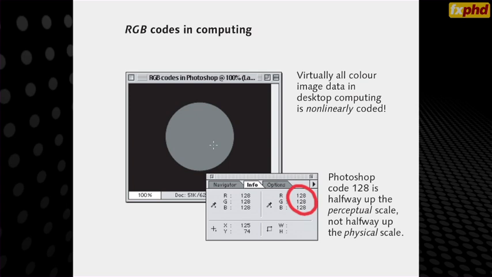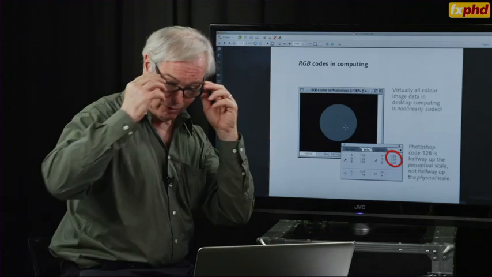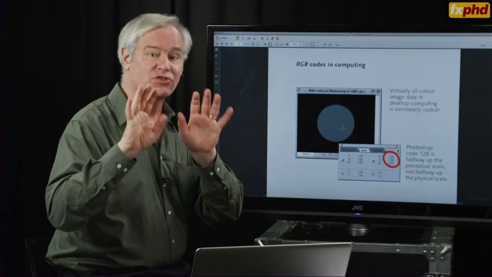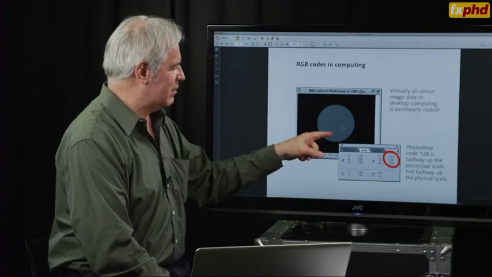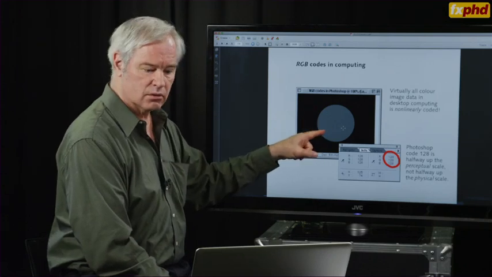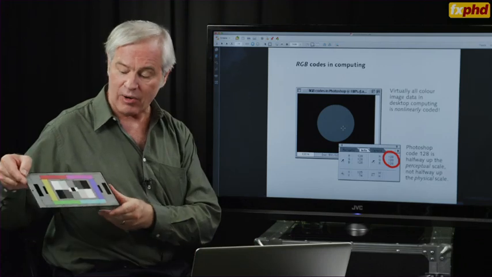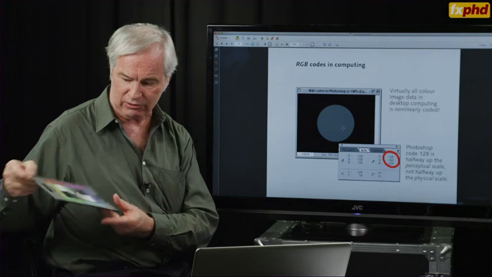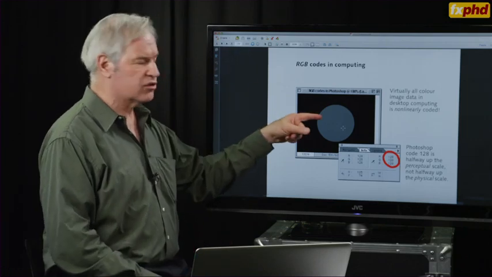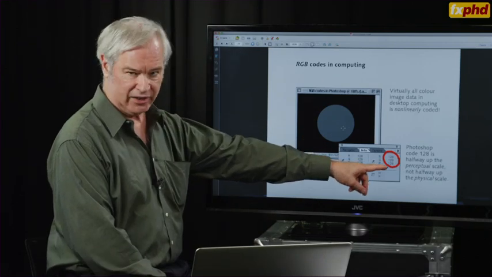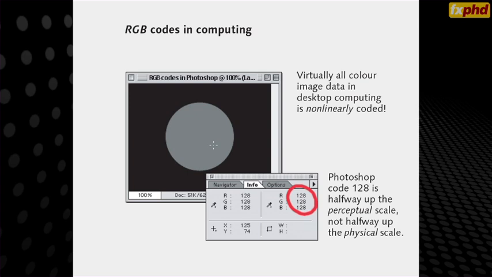I've constructed this example, and I constructed it a long time ago with Photoshop version 5. The window borders and the decorations have changed, but the principle is still exactly the same. If I make a gray disk, or even if I capture that as a gray level from 18% gray in the scene, like the background of this chart, bring it into Photoshop with relatively default settings, and look at the pixel inspector, I get values 128, 128, 128, halfway up the Photoshop scale 0 to 255.